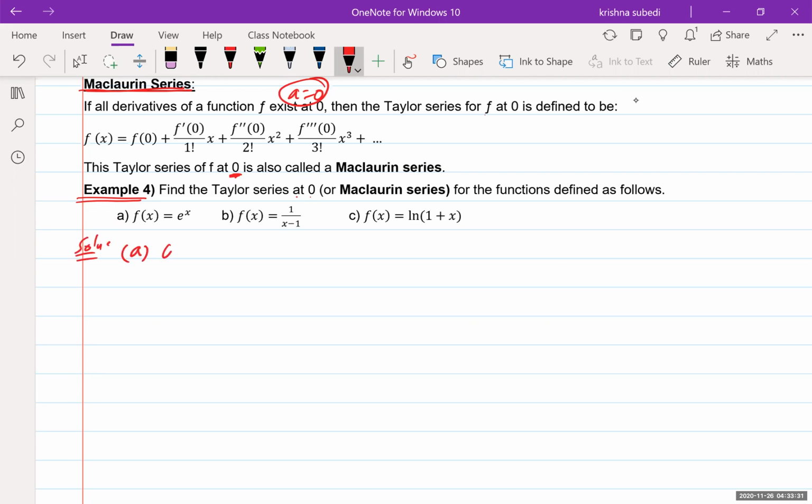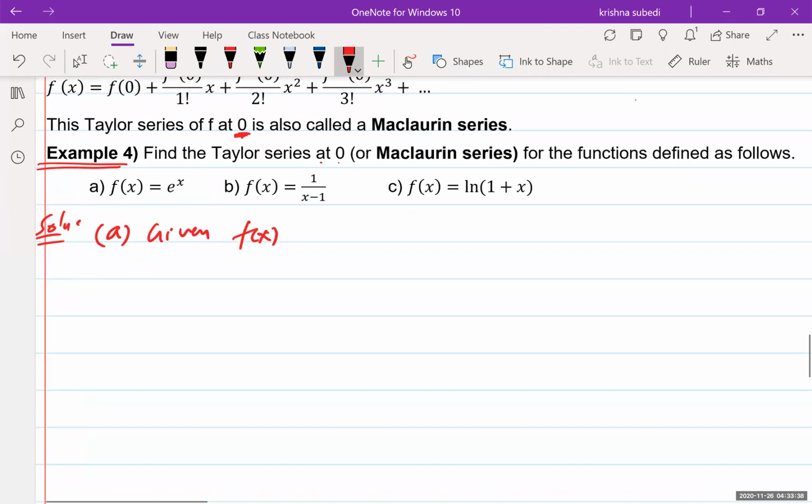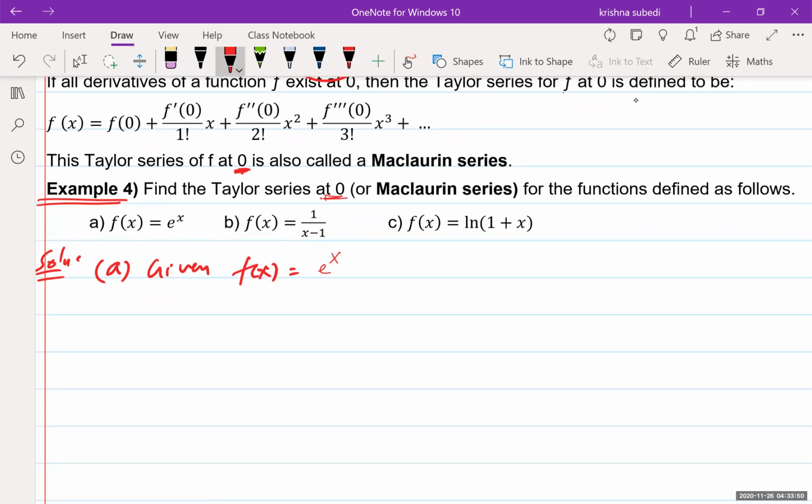So given f of x equals e to the x. So to find the Taylor polynomial at 0, here is the formula.